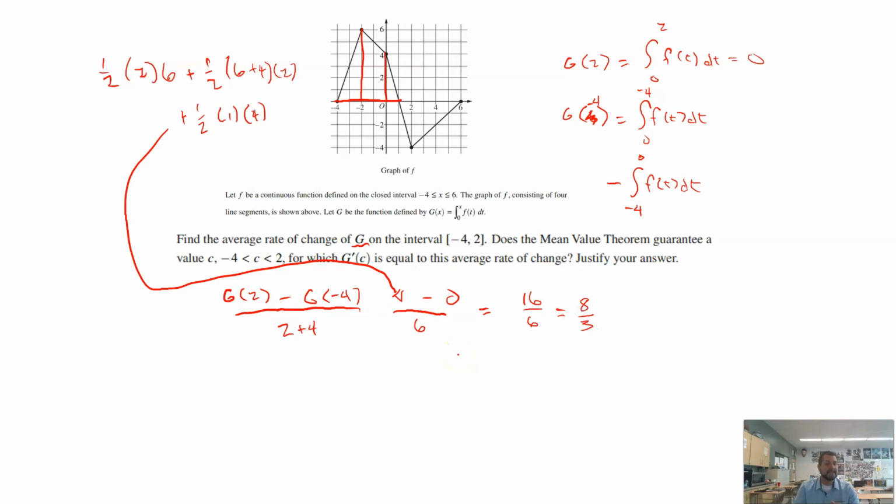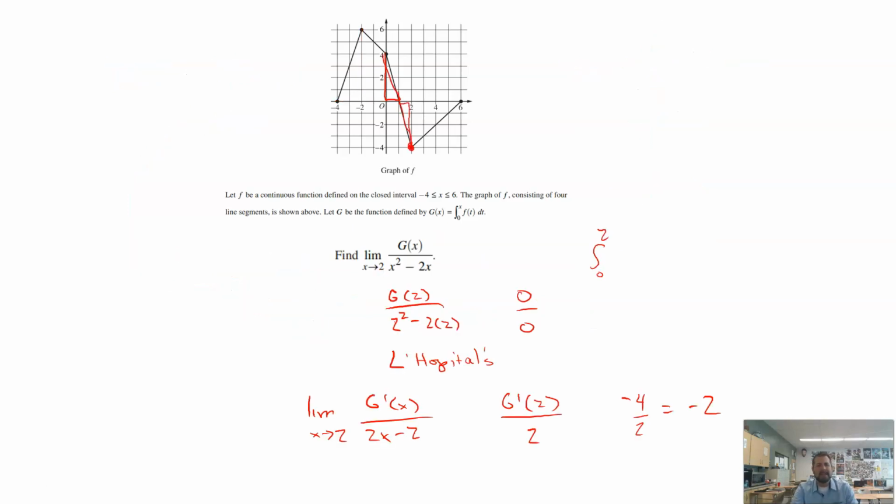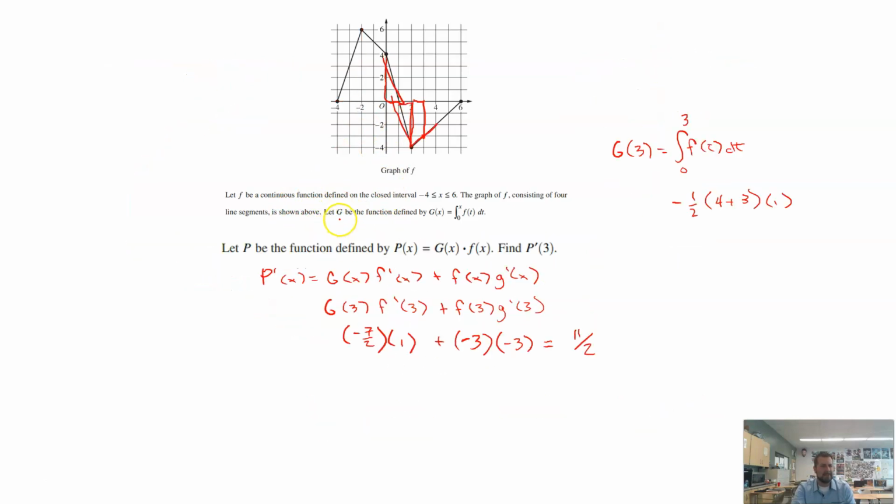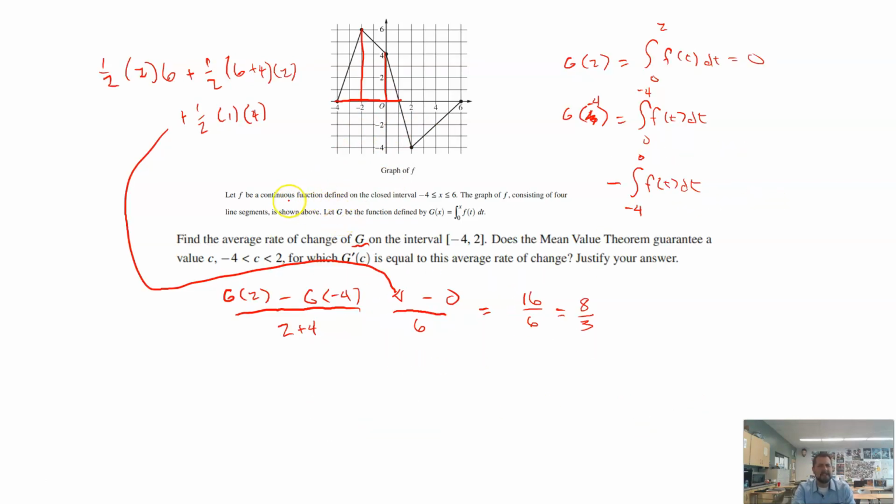Now it also says, does the mean value theorem guarantee a value C such that G prime of C is equal to this average rate of change? On letter B, I think, one of them said that G is continuous and differentiable. Since G is continuous, and since the derivative exists everywhere, that also means that it is differentiable on that interval.